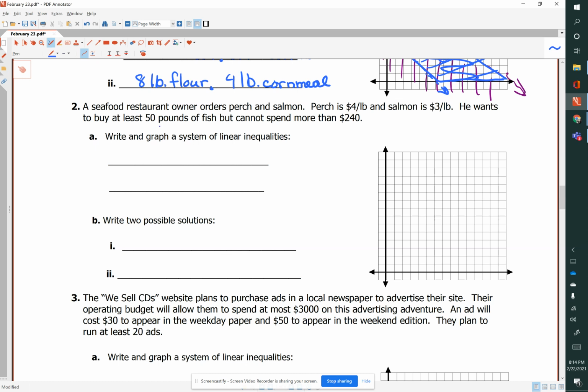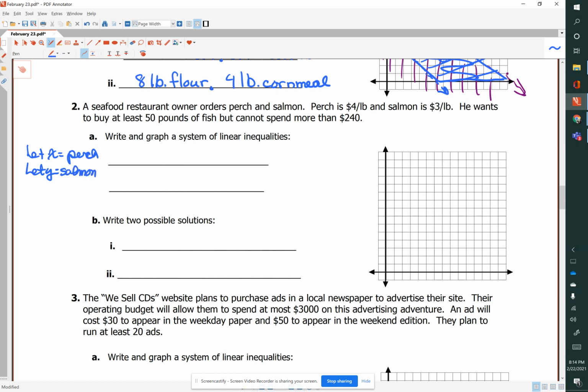He wants to buy at least 50 pounds, so he can buy 50 pounds, but he could also buy 60 pounds or 51 pounds. So the perch is $4 a pound, so I'm going to let X be the perch, and I'm going to let Y be the salmon.